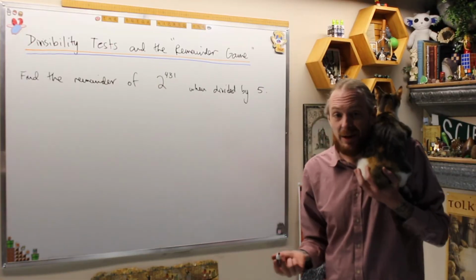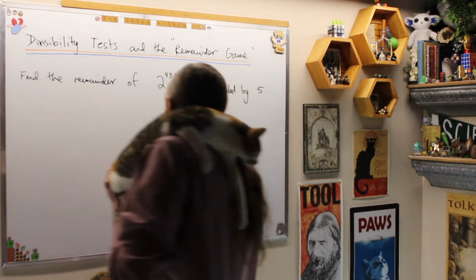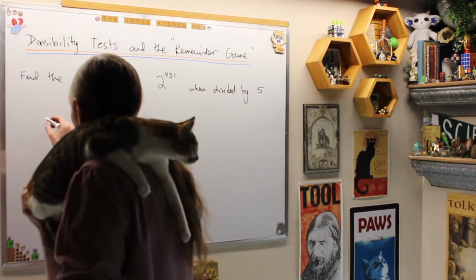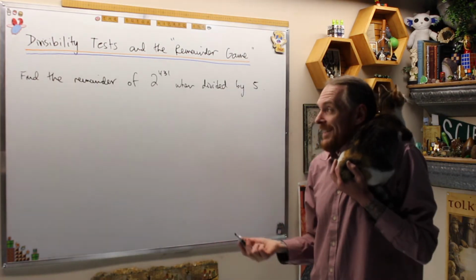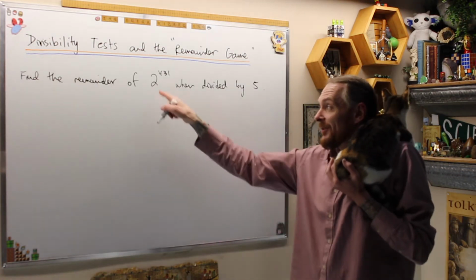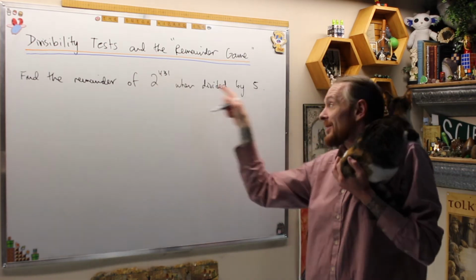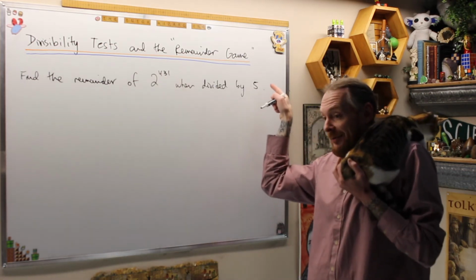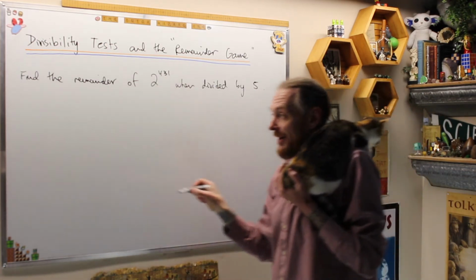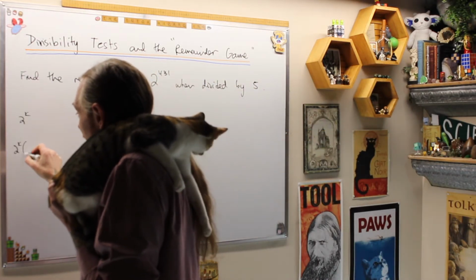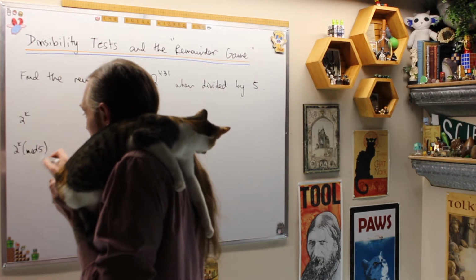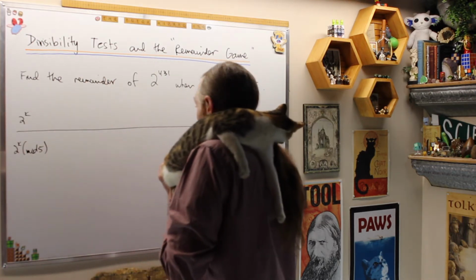First of all, what I need is the first power of 2 which leaves a remainder of 1 when I divide by 5. How are we going to do that? I'm going to look at the powers of 2 specifically, and then look at the remainders of those powers of 2 when I divide by 5.